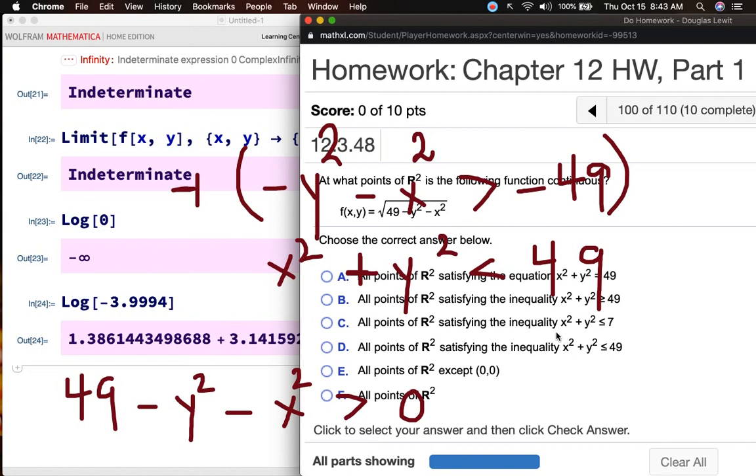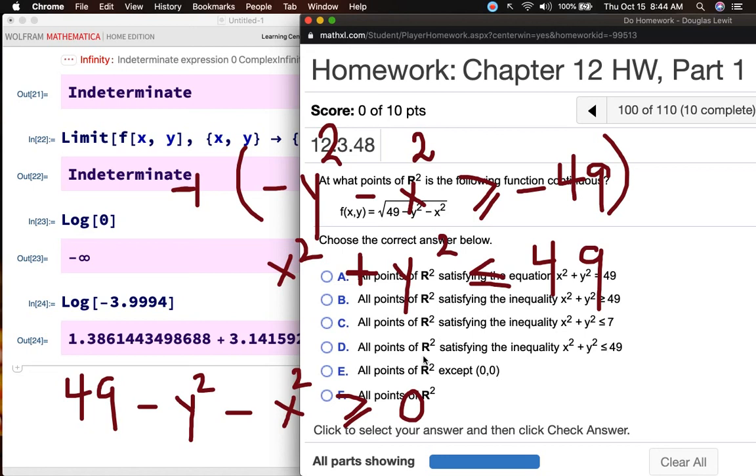So let's see. Oh, actually, yeah, because you can take the square root of 0, this actually should be less than or equal to, and this should be greater than or equal to.